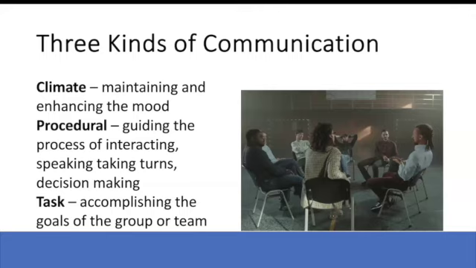So these are procedural things. And then finally, there's the task kind of communication, which is focusing on getting the job done. Whatever it is the group has come together for, that's what they want to focus on. And things about like who's doing what, are you going to do specifically, and so on, putting that stuff together, right? So these three kinds of communication are really important.